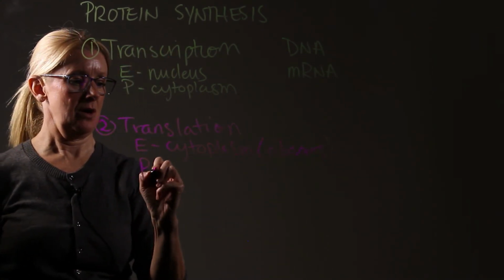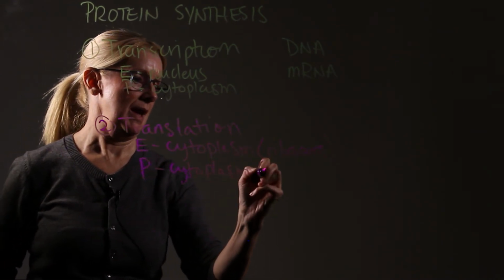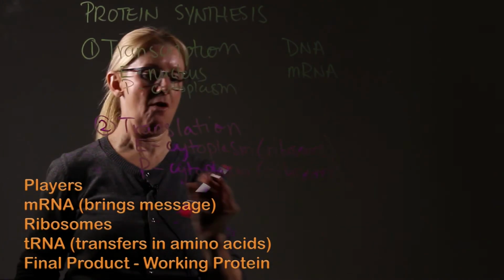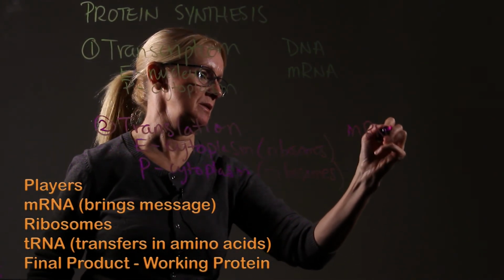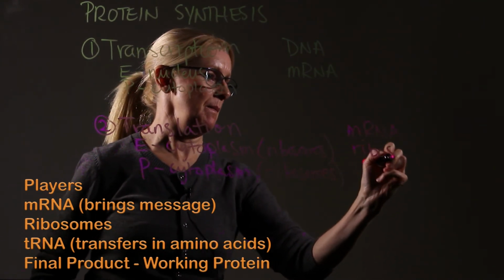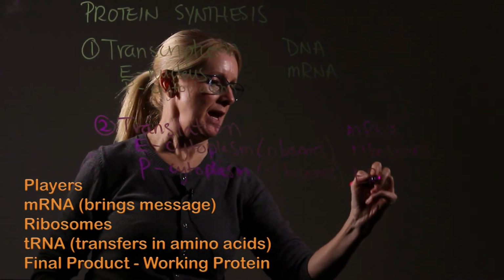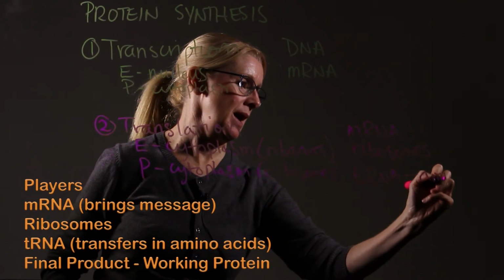And in prokaryotes, it's also in the cytoplasm and on ribosomes. So who are the players involved when we talk about translation? We know mRNA is because it's what's bringing the message. We know that the ribosomes play a big part of it. And then we have our tRNAs, which are what ferry in our amino acids.